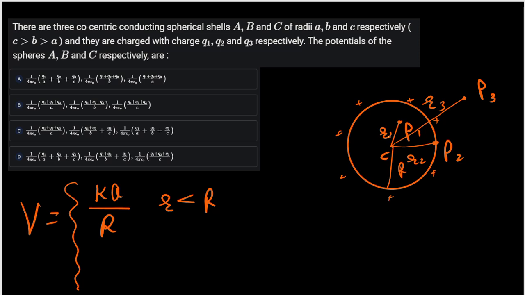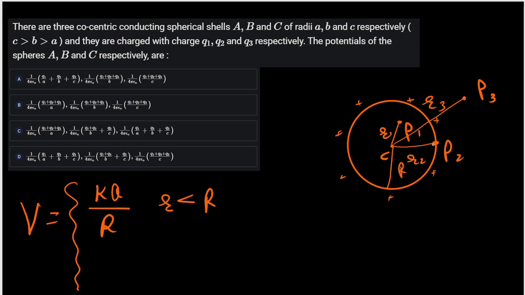We are not taking the value of R1, because it is not important where point P1 is. If the point is inside the shell, the potential will remain constant, and that's why the electric field inside the shell is zero. Wherever potential remains the same, the electric field will remain zero, because an electric field only exists when potential changes. So inside the shell the potential will remain constant and the electric field will be zero.